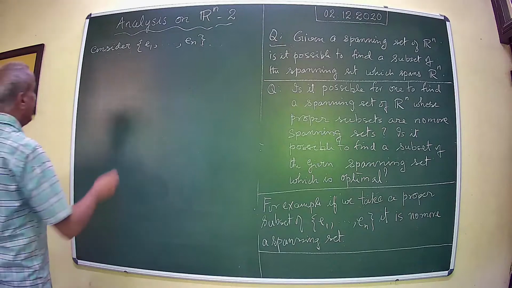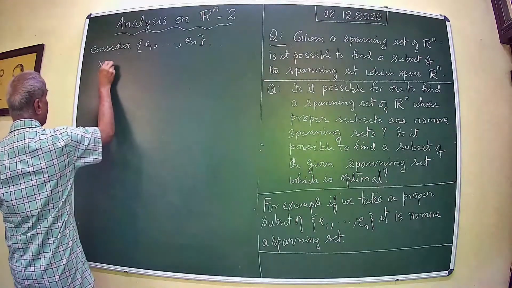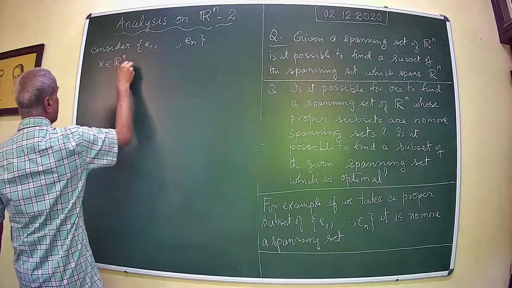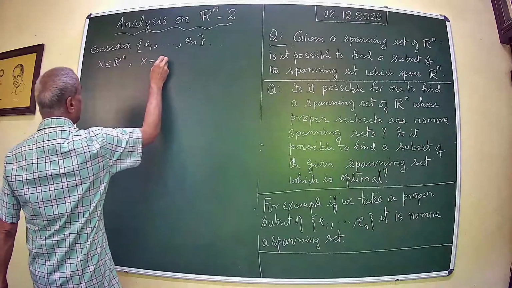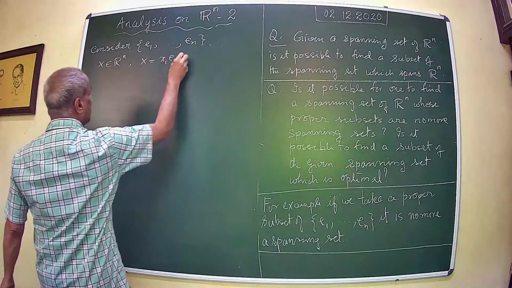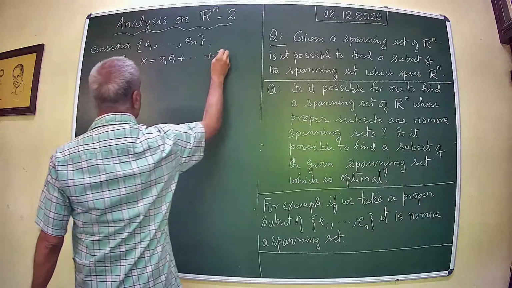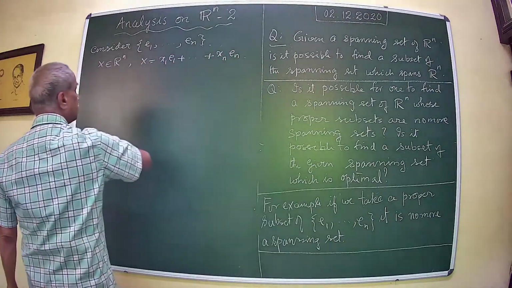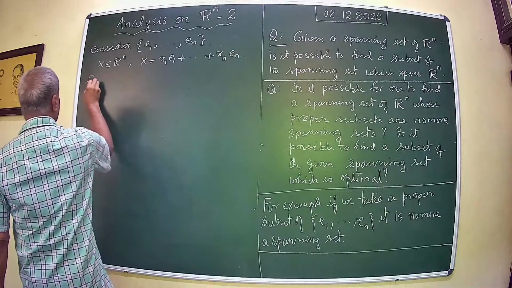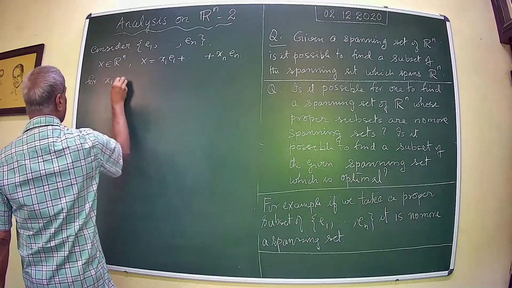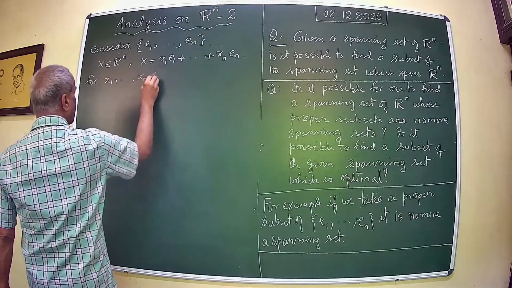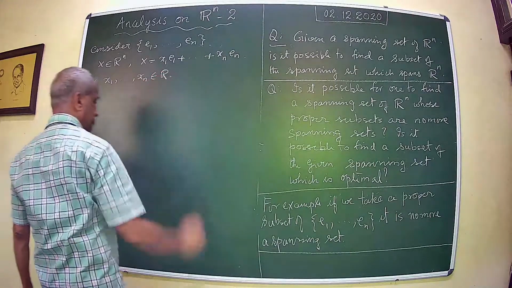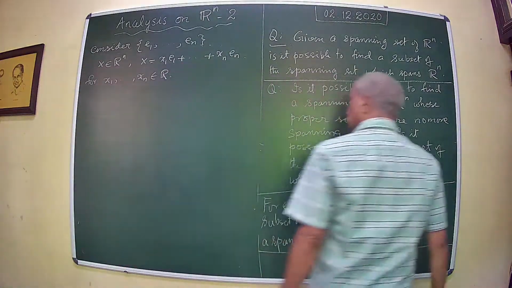So if you take any x belonging to Rn, x is equal to x1 E1 plus etc., with x1 belonging to R.